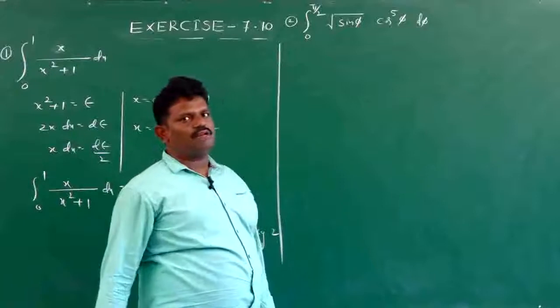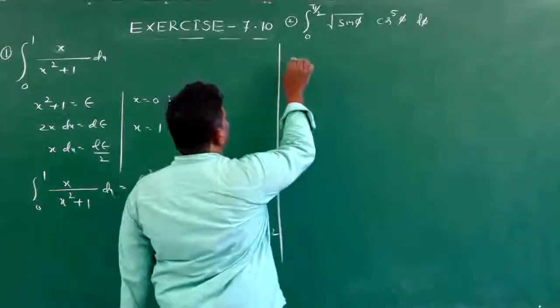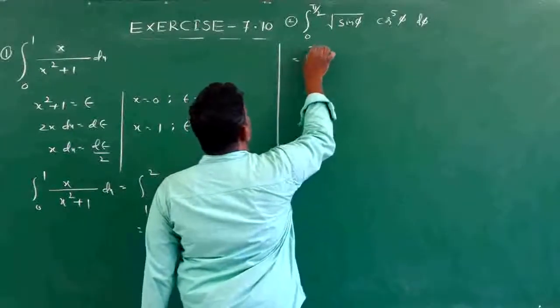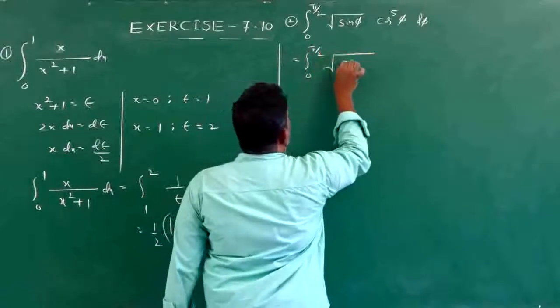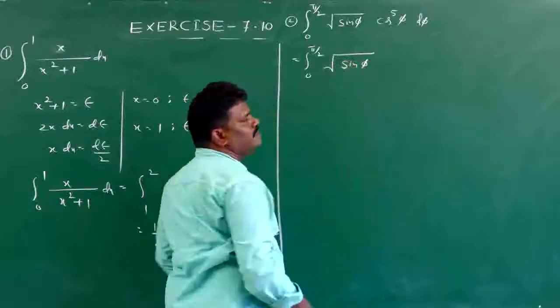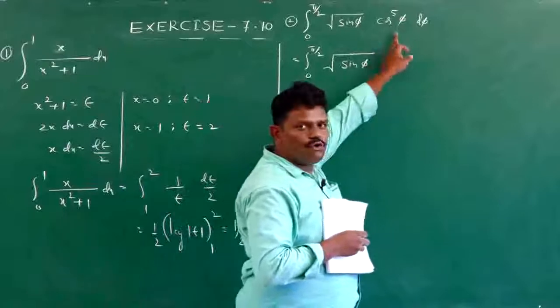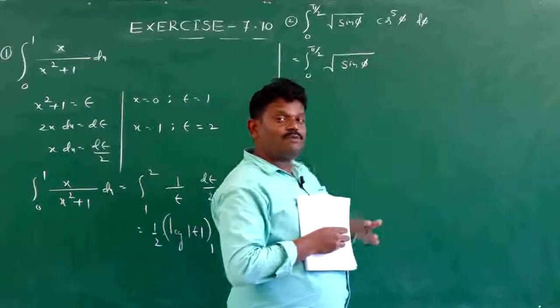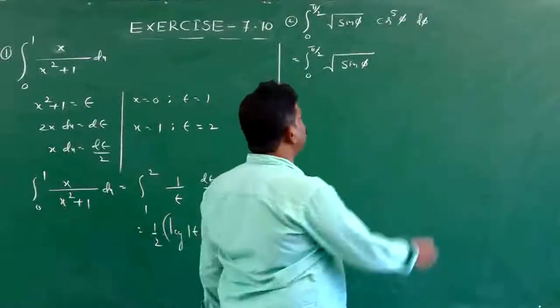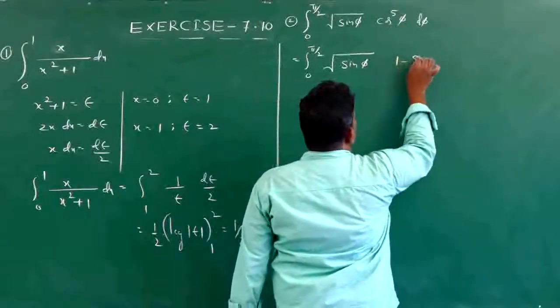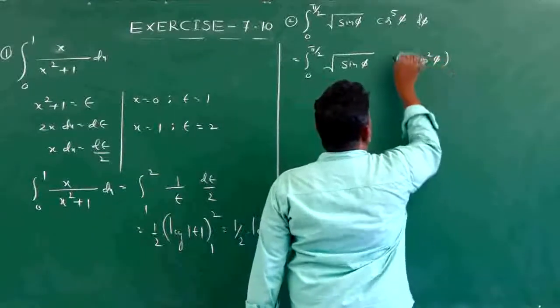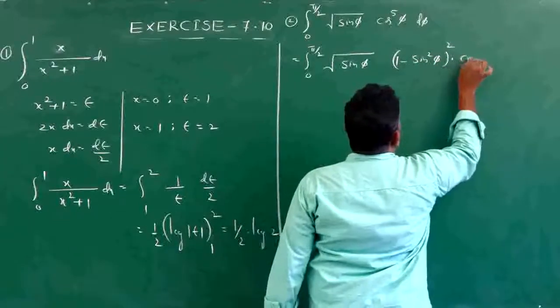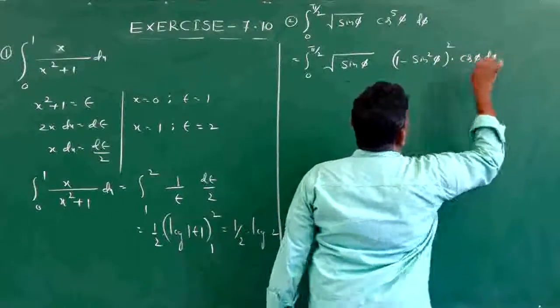Write cos power 5 in terms of sin: square root of sin phi into cos power 4 phi into cos phi. Then cos power 4 means cos square phi whole square, which is 1 minus sin square phi whole square, into cos phi d phi.